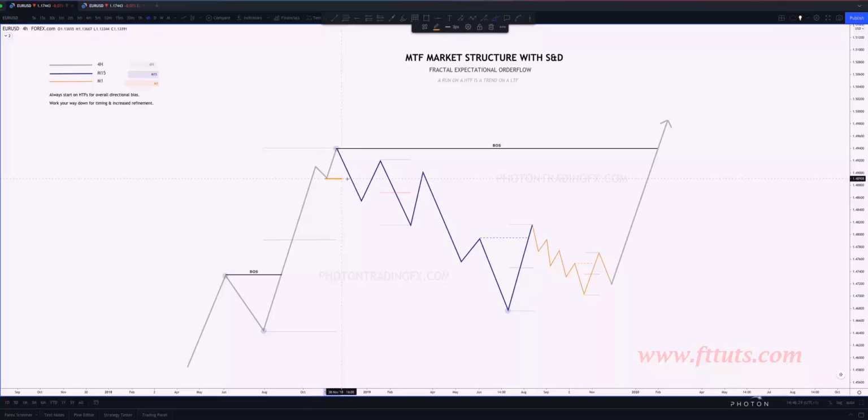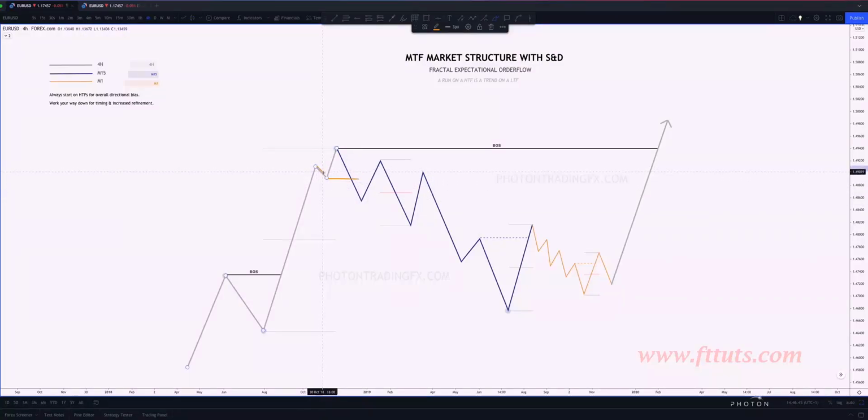Now, when you see that 4-hour change of character, that 4-hour minor break of structure, if you were to drop down to the 15-minute chart, which is this blue line, not always, but most likely, that 4-hour change of character will be a 15-minute change of trend.